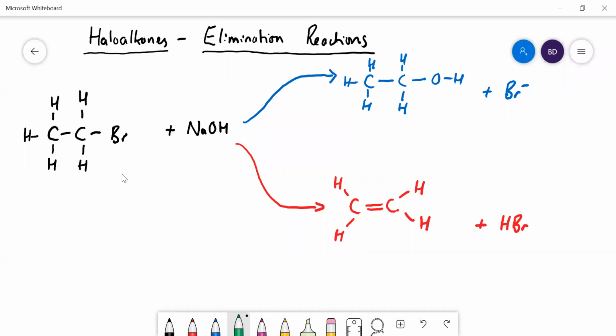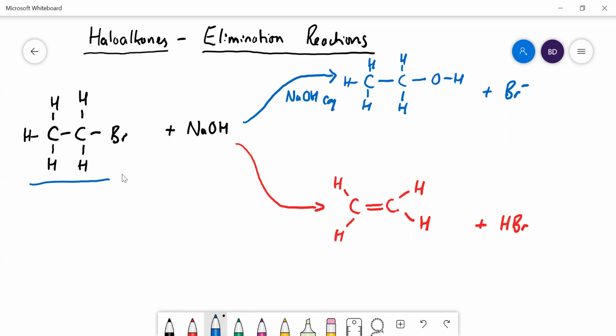Okay, so we've been looking at the nucleophilic substitution reactions that haloalkanes undergo, and you look here with this blue line. This should be all pretty familiar now. If we get bromoethane, and we react it with sodium hydroxide. And this is quite important. This is if you react it with NaOH in aqueous solution.